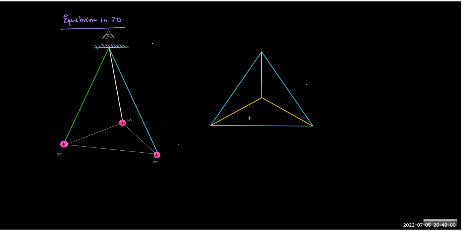This is the view, right? Now I hope you can see this. It is clear, the 3 masses are like this. So do you realize the top view?